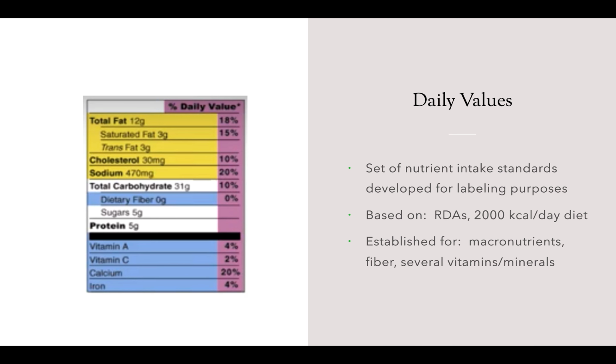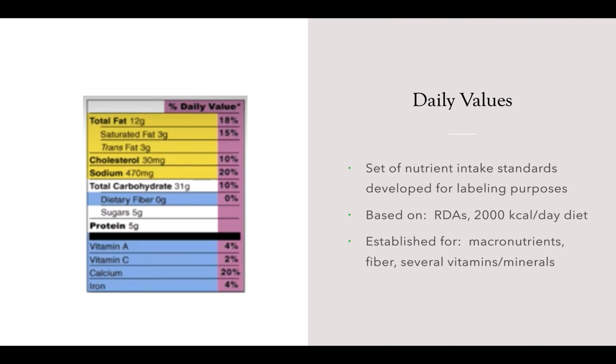Breaking down the food label a bit, probably the most important part of the food label for the purposes of our class is the nutrition facts panel. Now, the percent daily values that you see on a food label are a guide to the nutrients in one serving of that food, and they are based on a standard adult diet that supplies 2,000 kilocalories per day, so it's actually quite general.